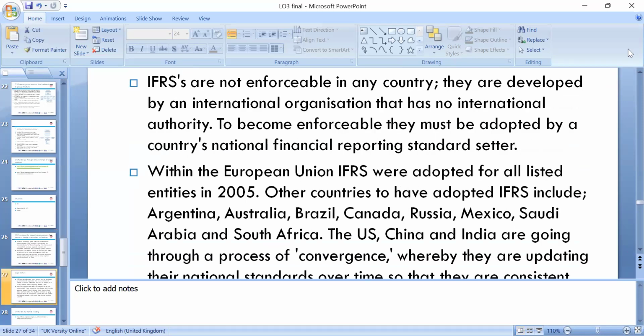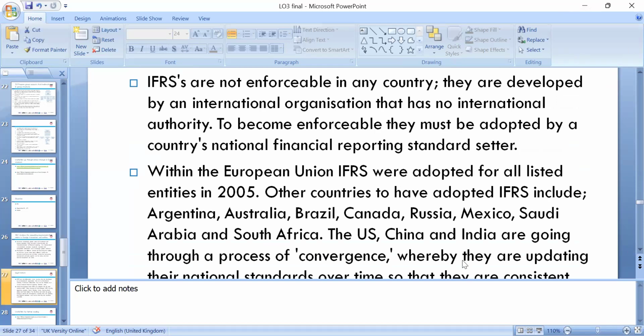IFRS are not enforced in any country. They are developed by an international organization that has no international authority. To become enforceable, they must be adopted by the country's national financial reporting standard setter.